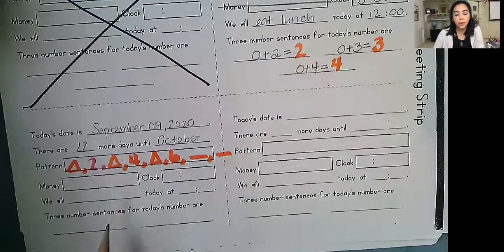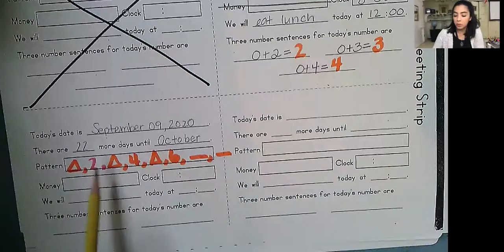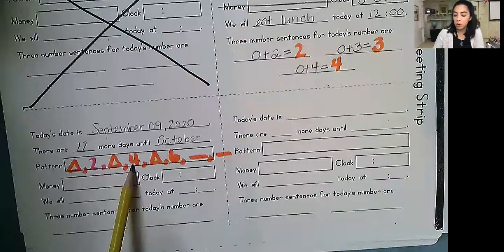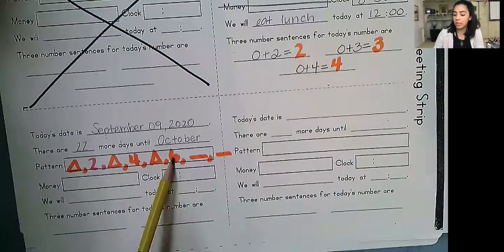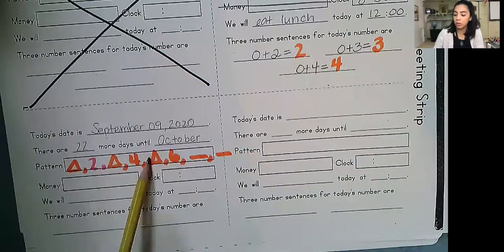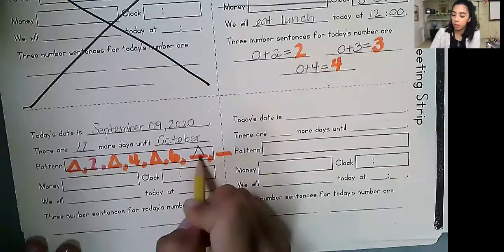So let's see what the pattern is. Triangle, 2, triangle, 4, triangle, 6. So what do you think is going to be next? So the pattern I see is that they're all triangles. So I'm assuming this is going to be a triangle as well.